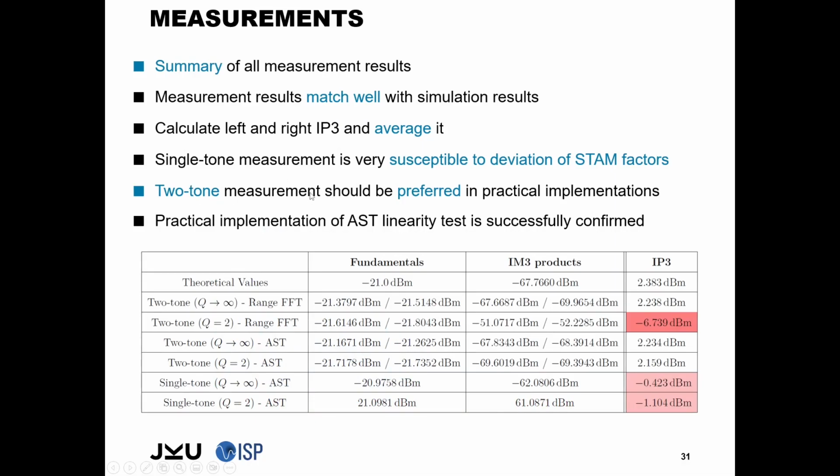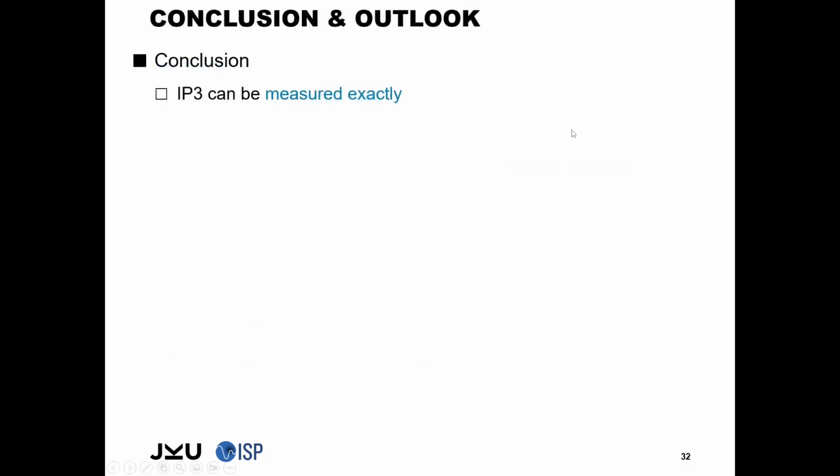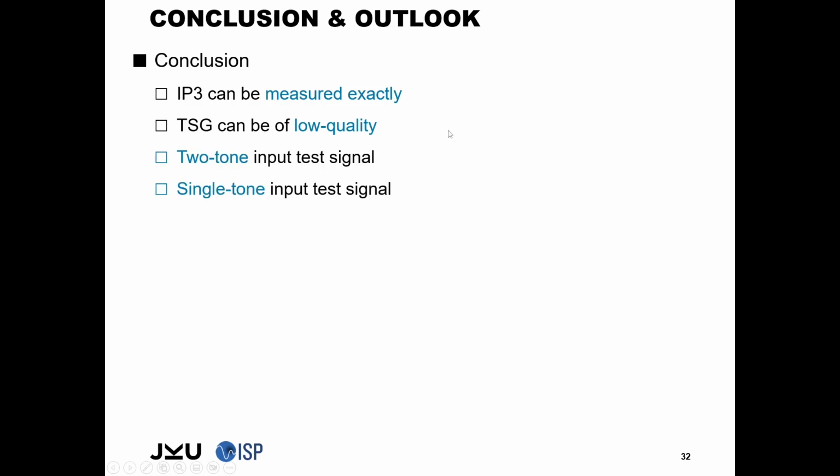However, the two-tone measurement should be preferred in practical implementations, and the measurement results match very well with the simulated results. So what's the conclusion? With the AST linearity test, the IP3 can be measured exactly. The test signal generator can be of low quality, so area and costs are saved during on-chip build.